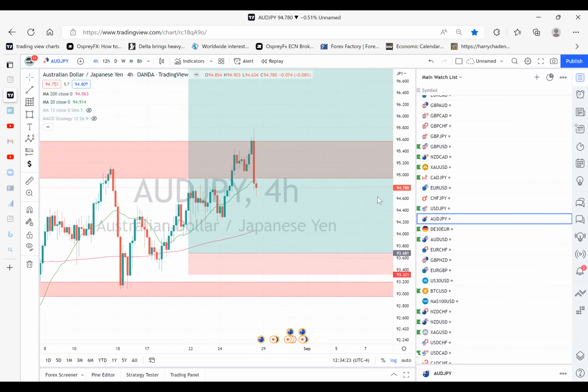It's gonna come down to at least the daily order block, and it fits inside the golden zone too. So it's gonna sell down to about that area, at least to 93,130. I believe it's gonna sell down there at least, or even further.